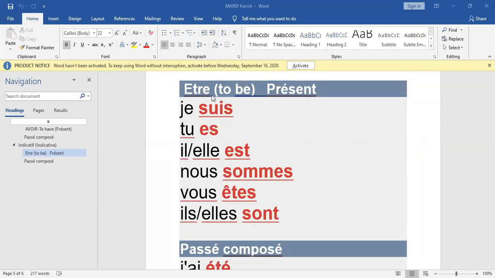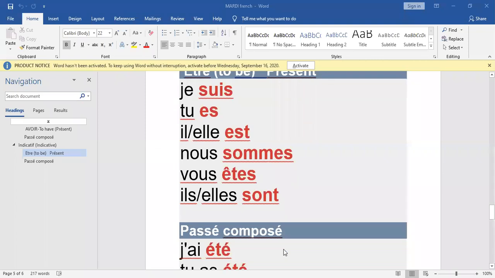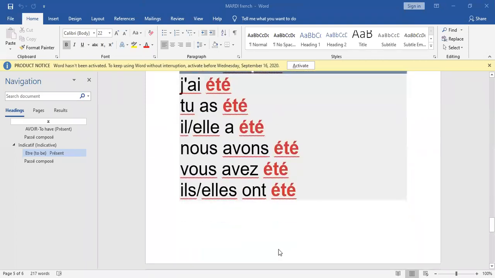Être, remember, is known as what? The verb to be. Here we have it in the present tense, then past tense.